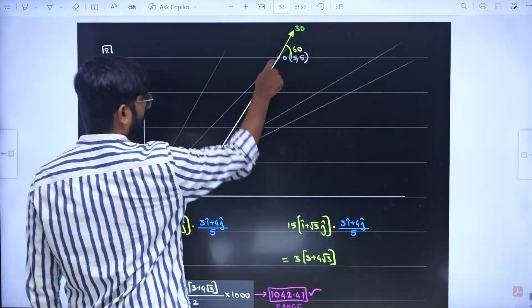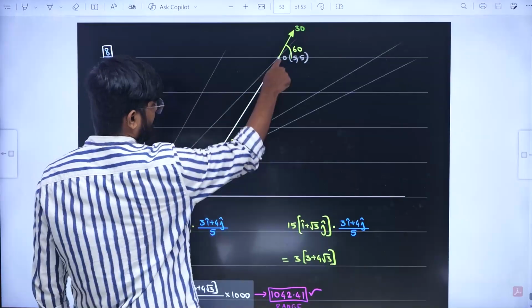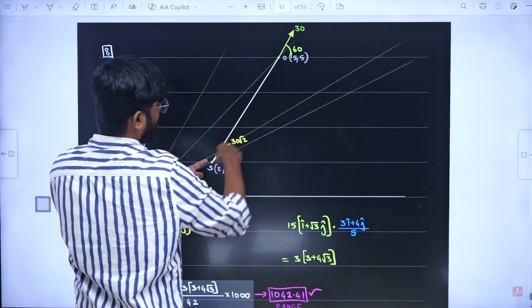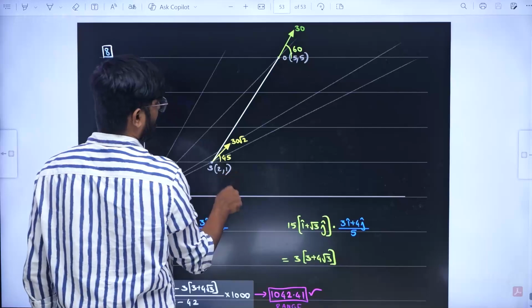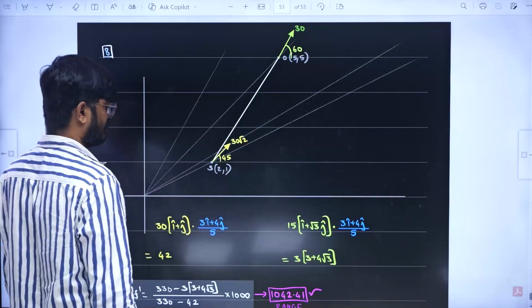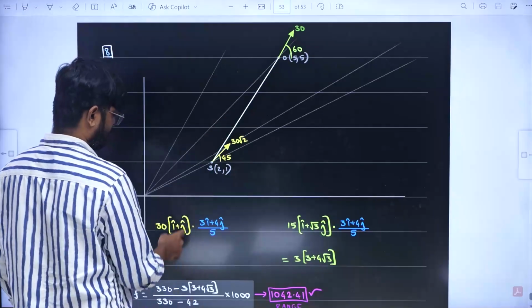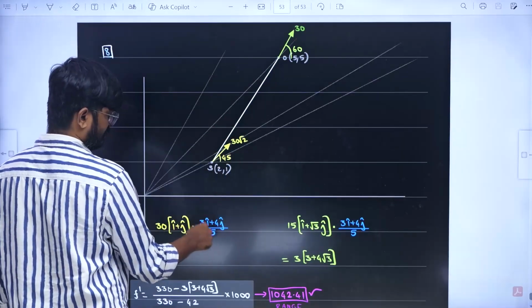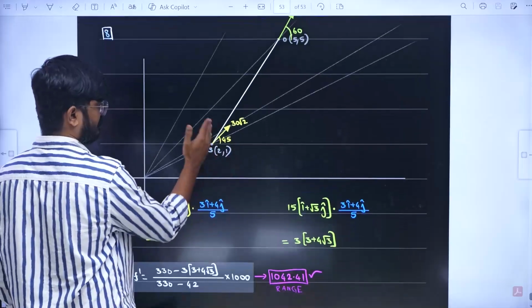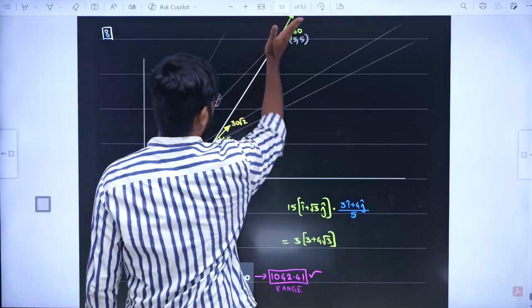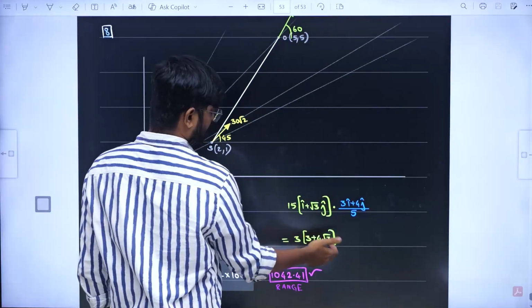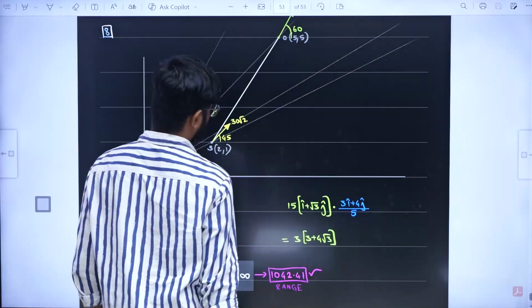So the line joining vector you can calculate, which is going to be this white line. You can see (5,5) and (2,1), so it is going to be 3 i cap and 4 j cap. So this projection along this direction is going to be the velocity of the source along the line joining. Similarly, this projection along the line is going to give us the velocity of the observer along the line joining.